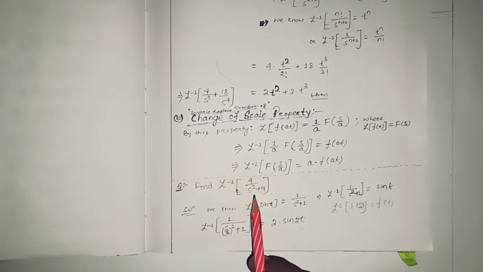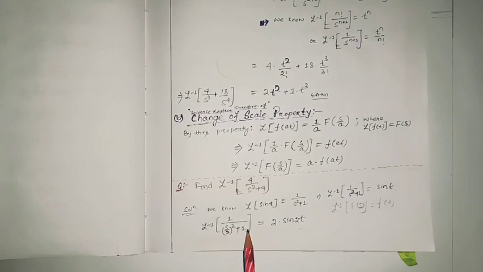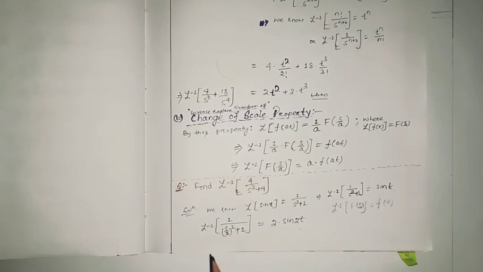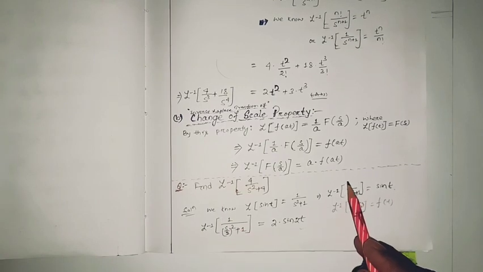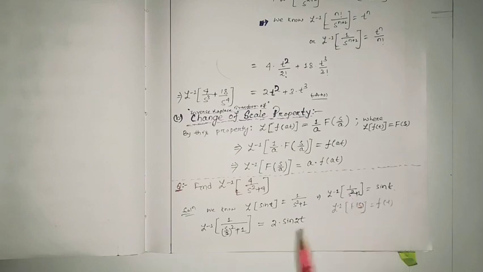This 4 by s square plus 4 can be written as 1 by (s by 2) square plus 1. Okay, so here you can compare this with this. We can find that here s is there, here s by 2 is there. Now you compare this with this.